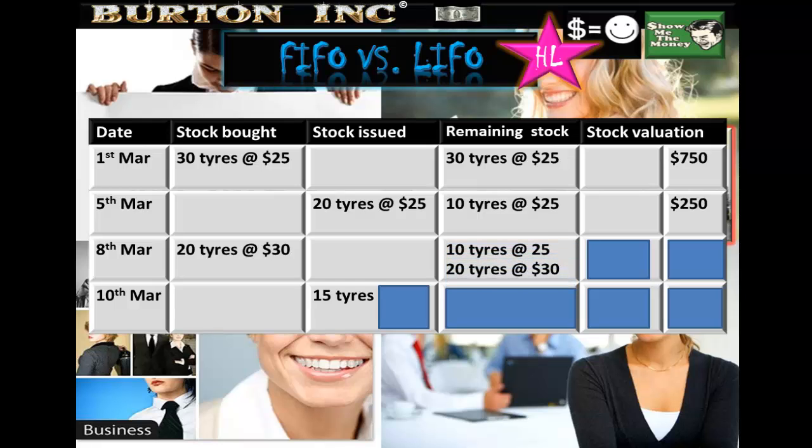So we've got 10 tyres at $25, those are our older tyres, and 20 tyres at $30 now. Sum them to give us a total stock valuation. Our stock valuation as of the 8th of March is $850 worth of tyres.